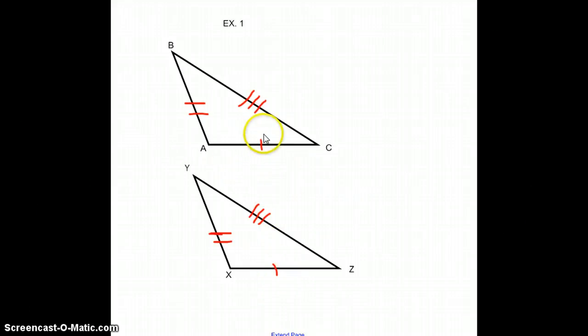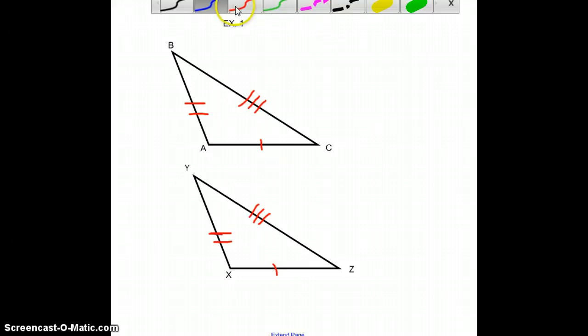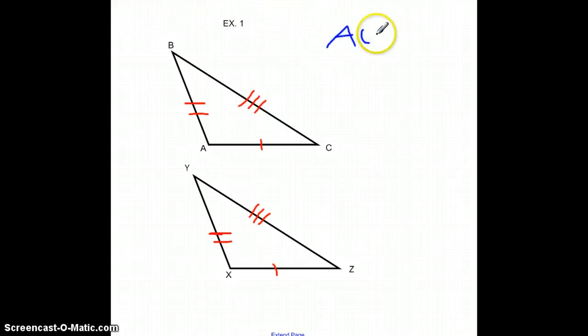The fact that side AC has one tick mark and side XZ has one tick mark means that AC is equal to XZ. These would be considered corresponding sides. So AC is the partner to XZ, essentially. That's what we mean by corresponding sides.